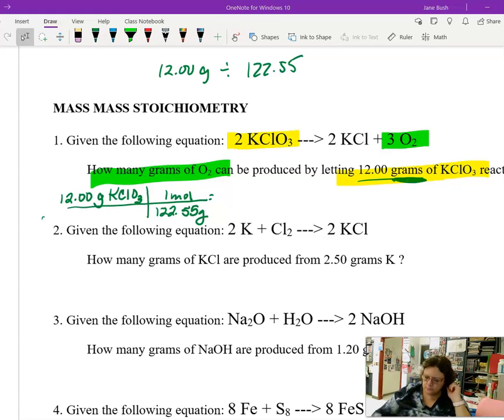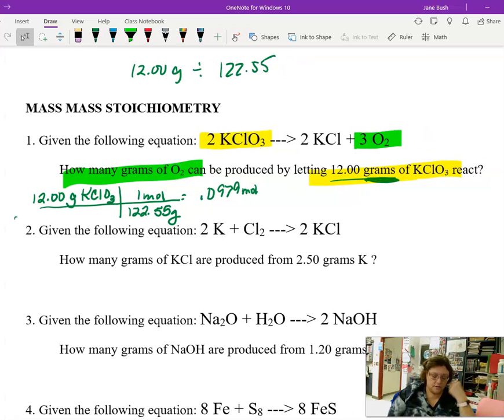Okay, so 12 grams divided by the molar mass, which is 122.55, is 0.0979 moles. Now the second step is to cross the bridge. To cross the bridge, we need to know our unknown, 3 moles of O2 divided by our known 2 moles of KClO3.